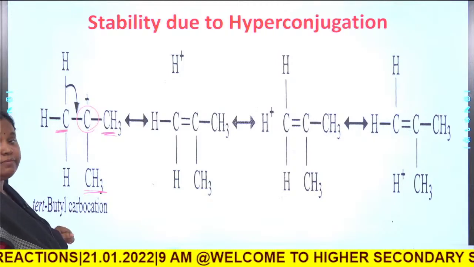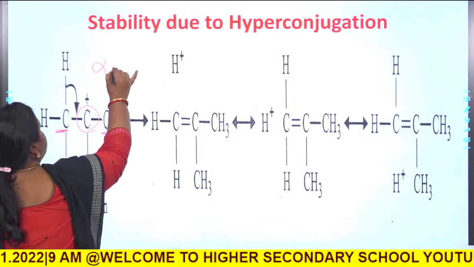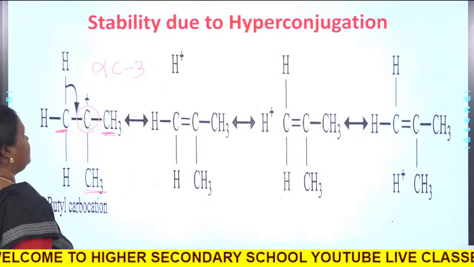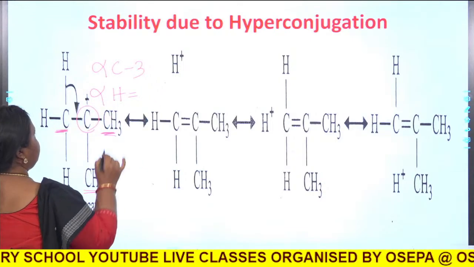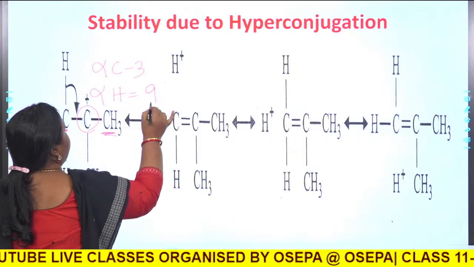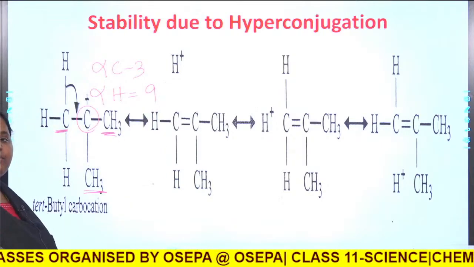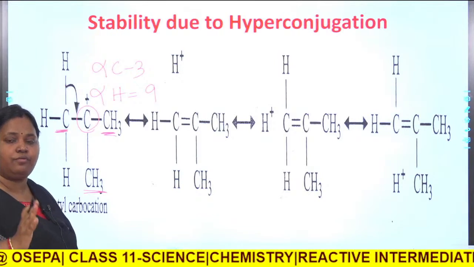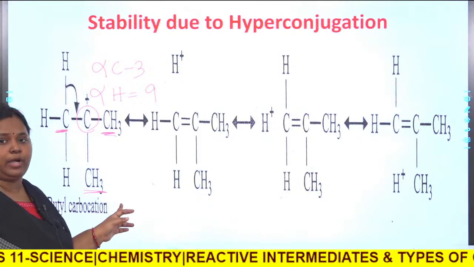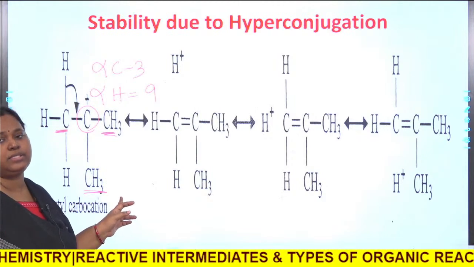How many alpha carbons? 3 alpha carbons, and alpha hydrogens: 3 plus 3 plus 3, that is 9 alpha hydrogens. It means you can write 9 hyperconjugating structures for tertiary butyl carbocation, and hence the stability.